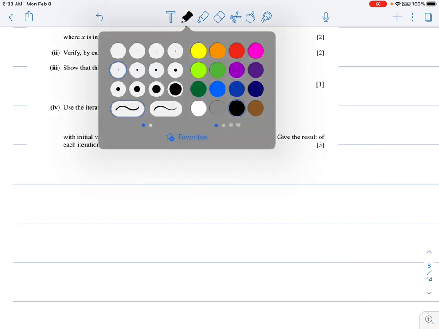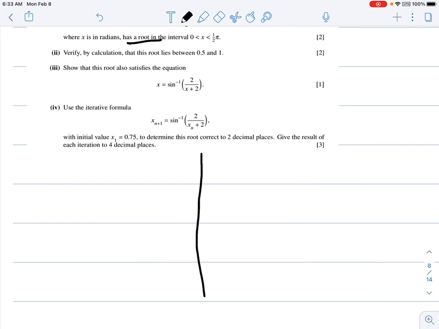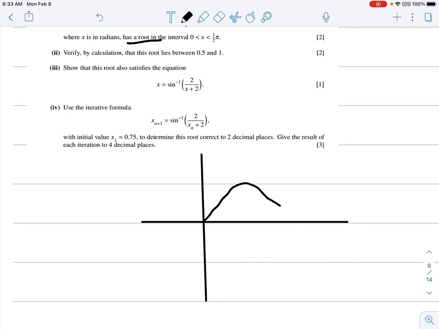First draw the x-axis and y-axis. Then I draw the sin x graph. This is the way the sin x graph is drawn. Try to get a smooth curve. Okay, doesn't matter. This is the x-axis and y-axis, and then the sine curve.